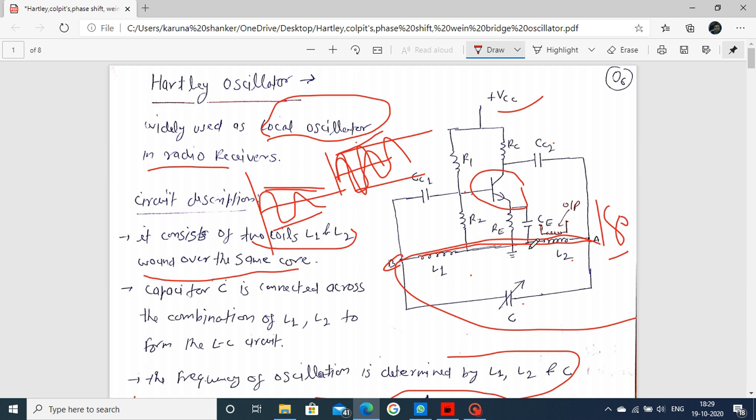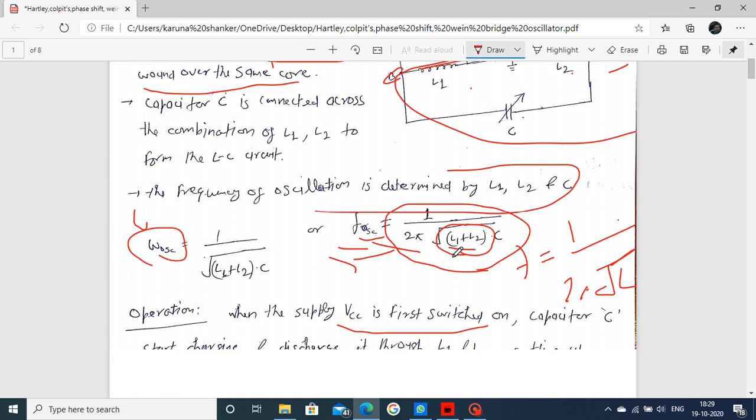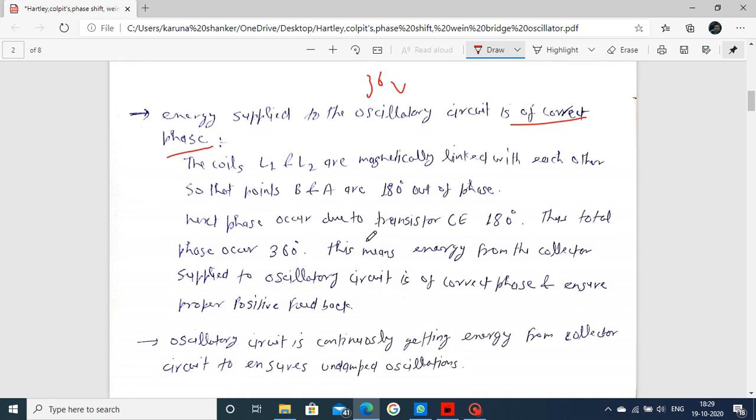So this 180 degree phase shift plus 180 degree phase shift is a total of 360, which means the oscillator circuit is in phase. This is also written here: the coils L1 and L2 are magnetically linked with each other, so points B and A are 180 degrees out of phase, and the next 180 degrees is obtained from the common emitter transistor. That's why the total is 360.